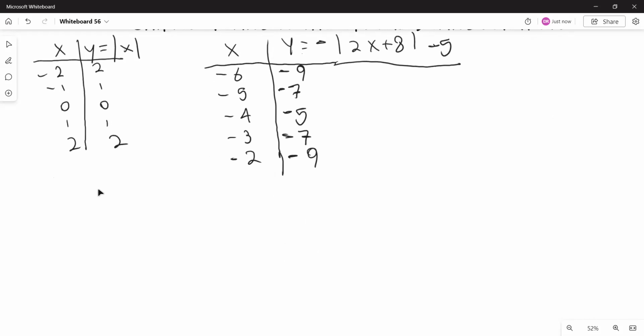Okay, so we are going to finally compare the graphs. Okay, so I'm trying to find some space.